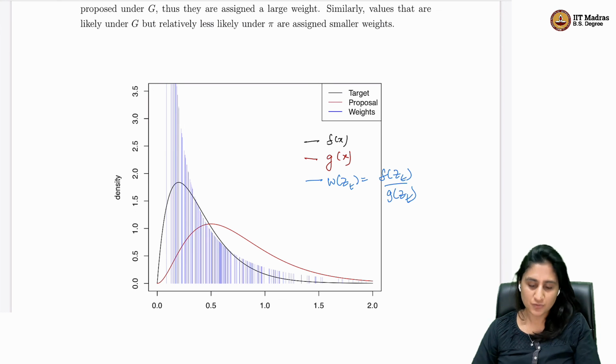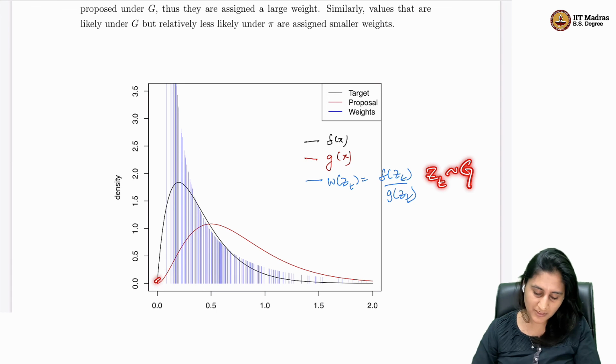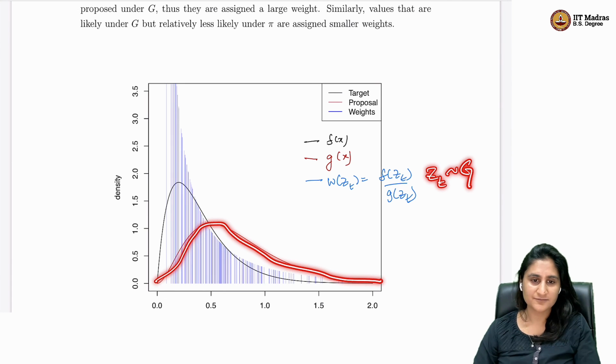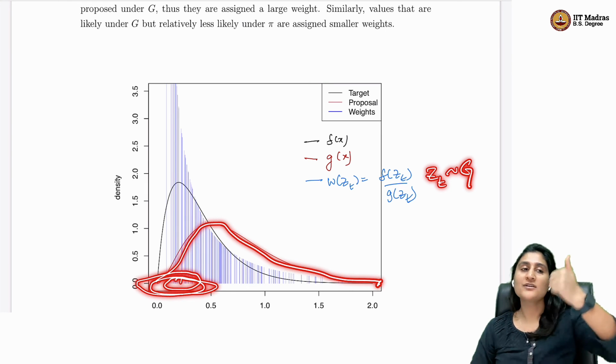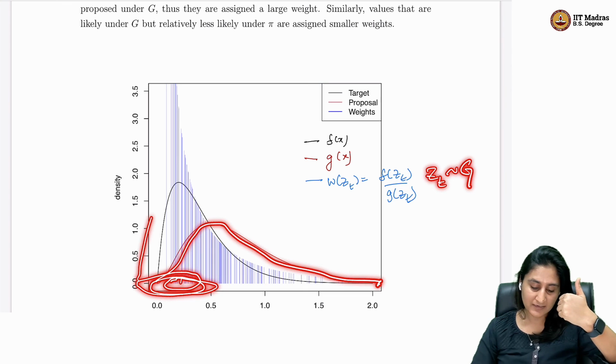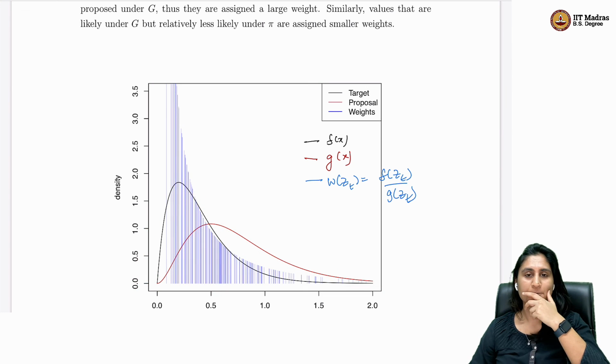So one by one, I will generate these Zts from g, from this red curve. Whenever I generate values here, I want to give them a large weight because they are really good values under the target.